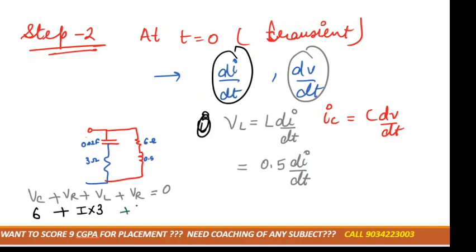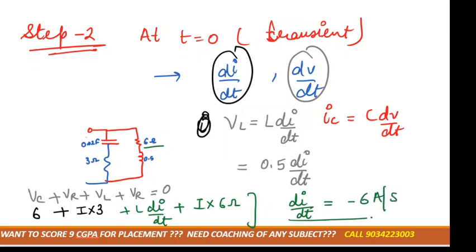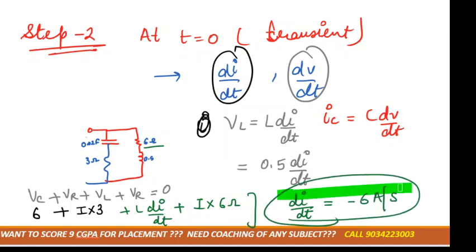VL we know, that is L di by dt. VR again I into R, this time R is 6 ohm. I we already know, that is 1. L we already know, that is 0.5. So only term left is di by dt, right? So after solving it, di by dt will come out as minus 6 ampere per second. Always you will get di by dt only by applying KVL only.